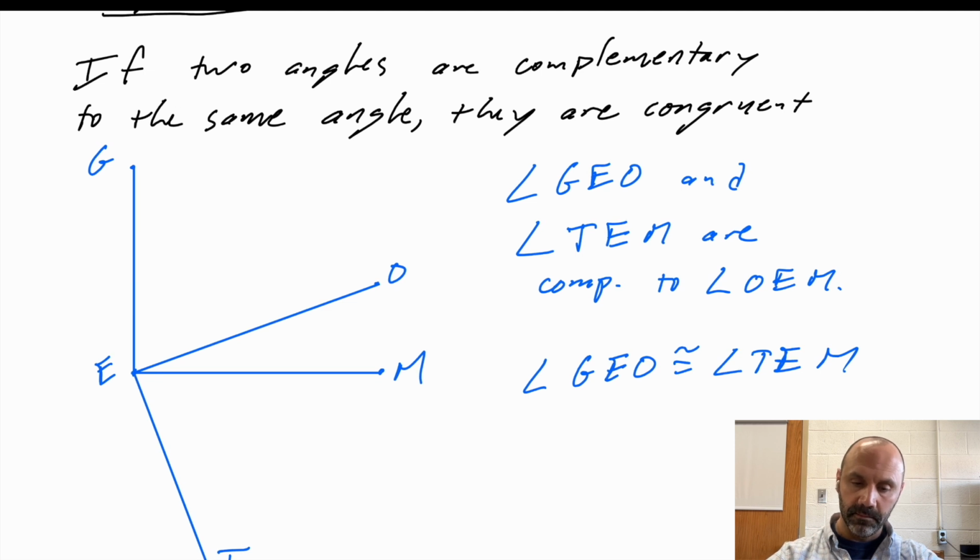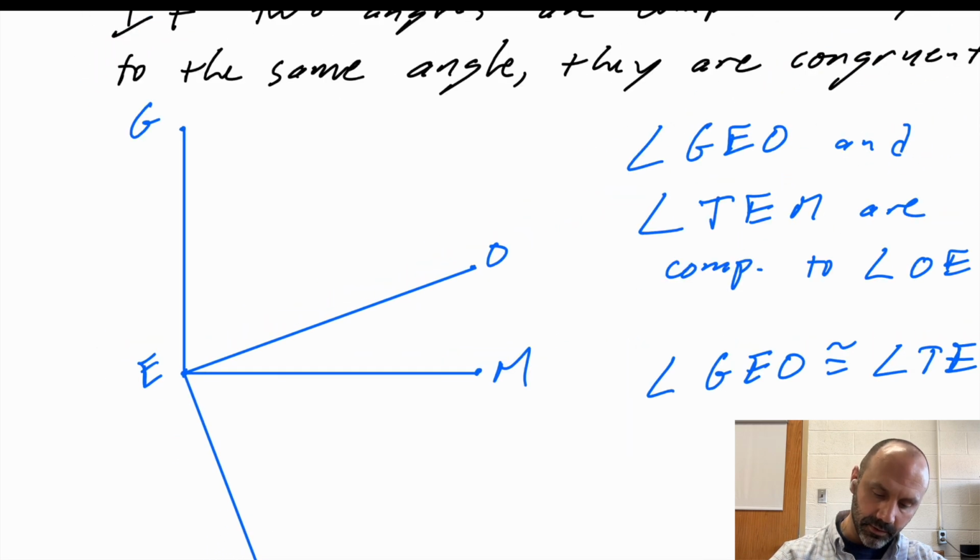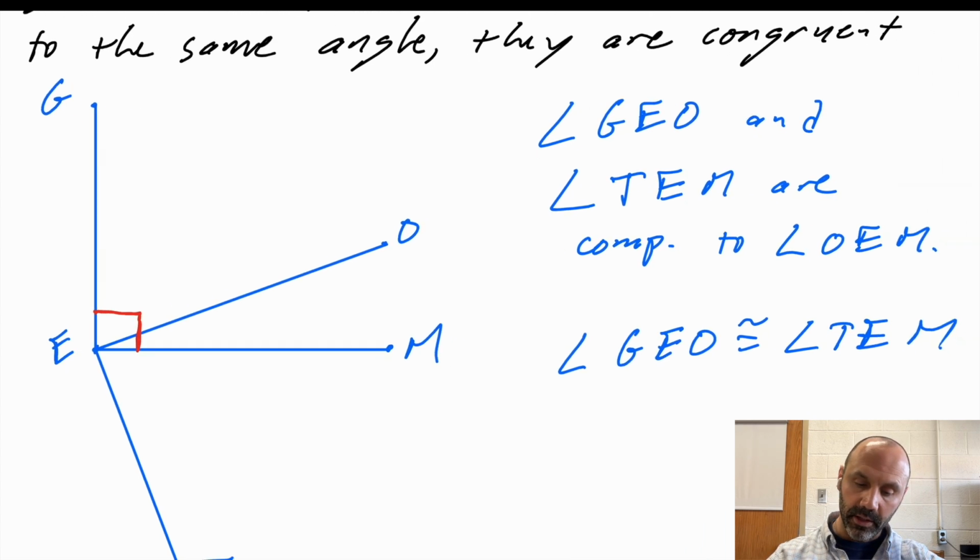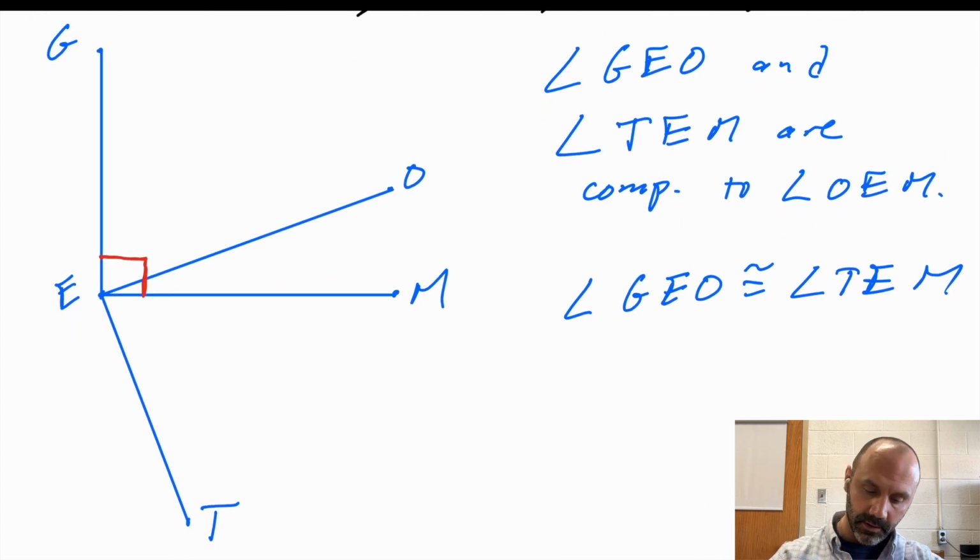What we're saying here is that angle GEO and angle TEM are both complementary to angle OEM. So GEO and OEM add up to 90 degrees, and that looks like it's 90 degrees. Also OEM and TEM is 90 degrees. That one is not as obvious, but I'm going to put the symbols in there.